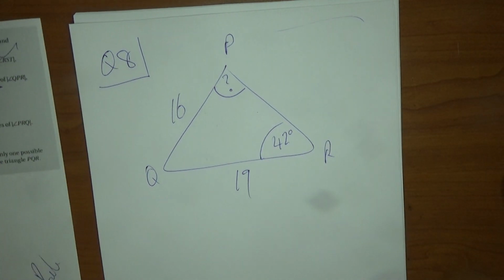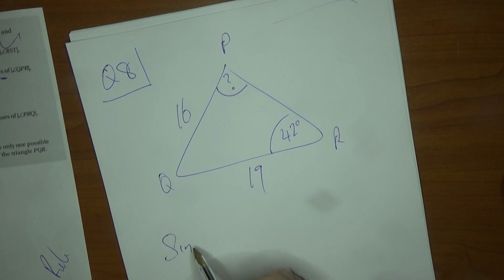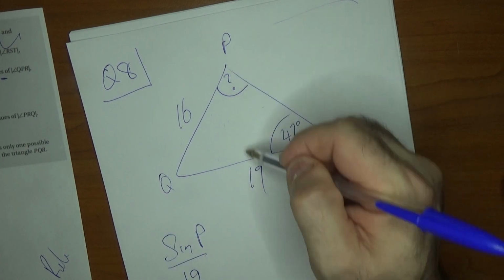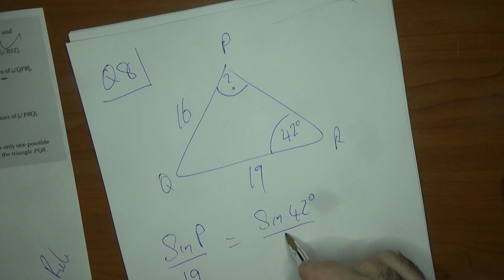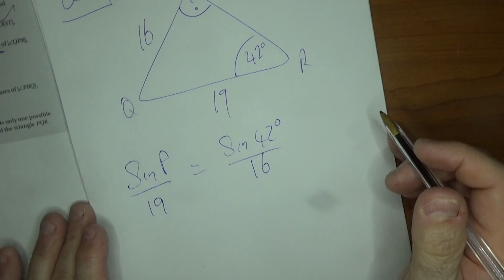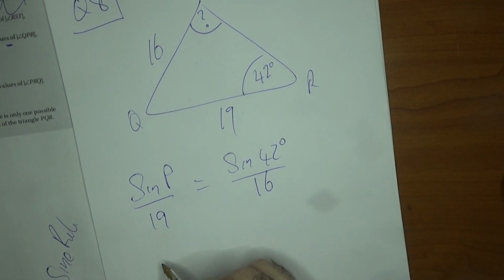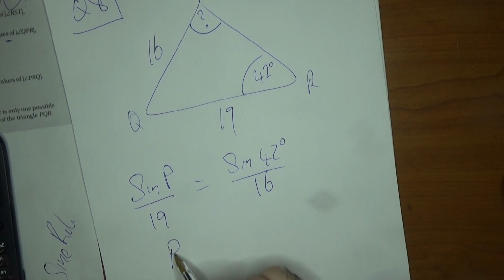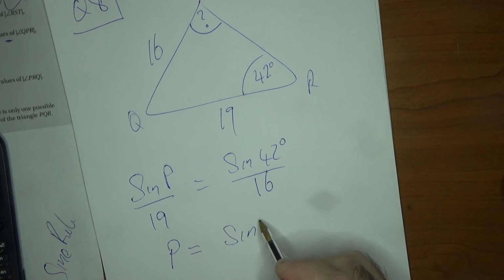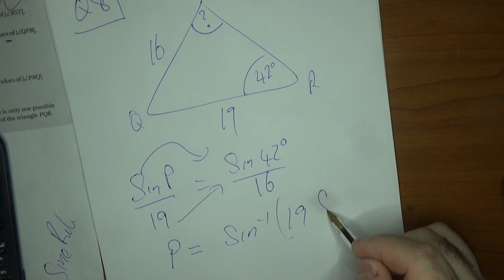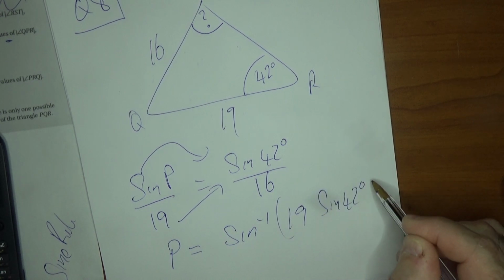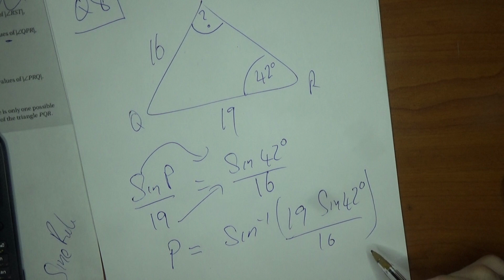Okay, so let's find these. Let's go: the sine of P over 19 is equal to the sine of 42 degrees over 16. Okay, so let's evaluate. Angle P equals the inverse sine of 19 times the sine of 42 degrees all over 16.